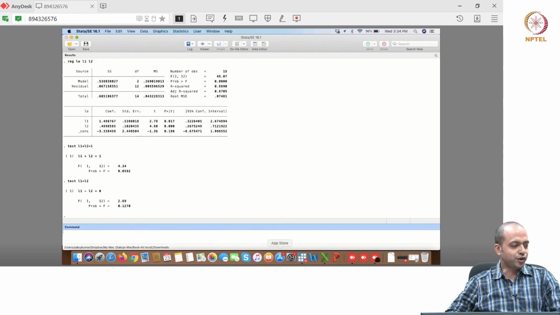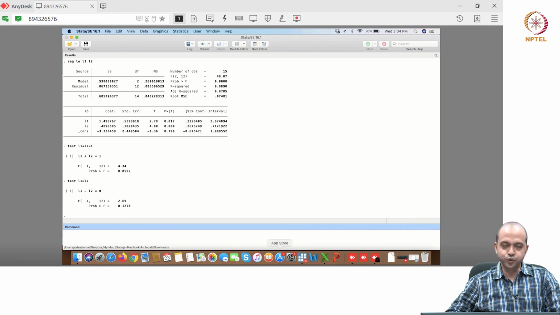Okay, I cannot reject my null hypothesis. So what is my null hypothesis? Returns from labor and returns from capital are almost the same. There is no significant difference in the returns to capital and returns to labor. That is what you can see.